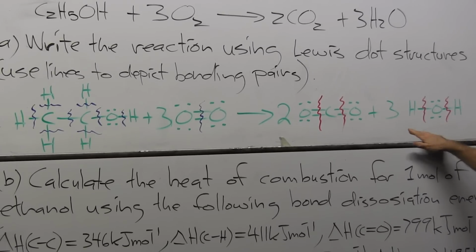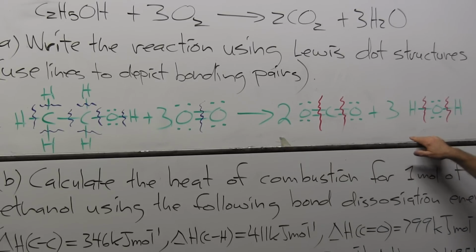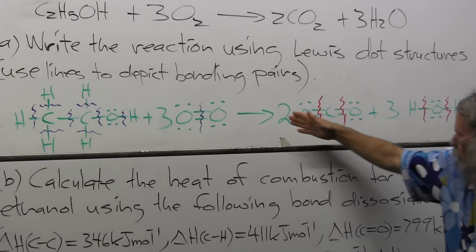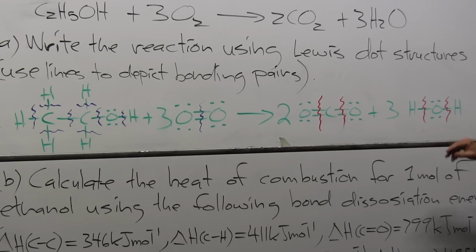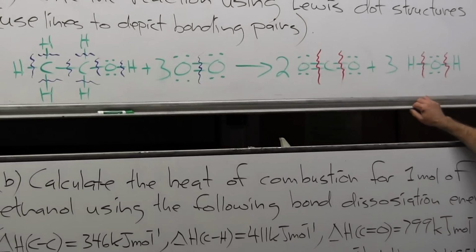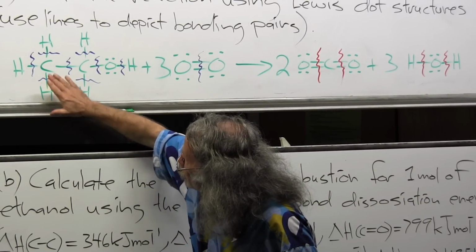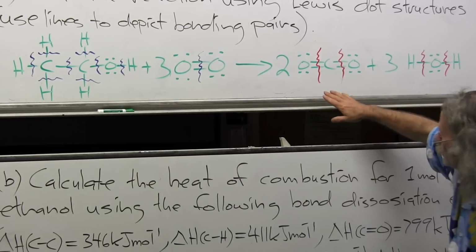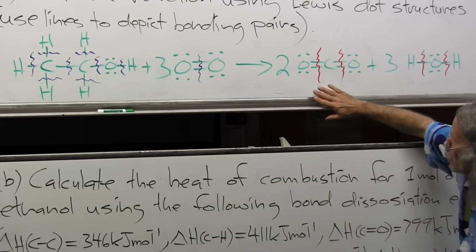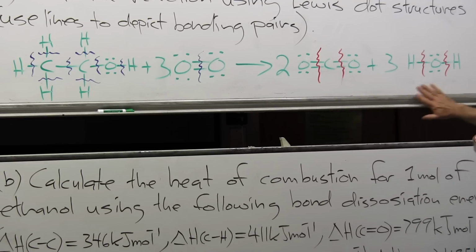I just wanted a different color to represent which way the energy was going. And you don't need to draw these lines. I'm just drawing these lines to help illustrate. You could do this on scratch paper if you want to keep the books straight. So I'm going to have to add up all the energy that would go into breaking all of these bonds. And I'm going to have to subtract from that the energy that would be released when these bonds form.